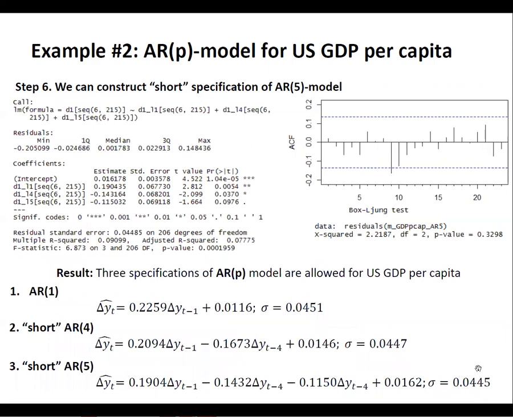By analogy, if we want to follow the theoretical purity of our model, we must ensure that the p-value of the autocorrelation of the residuals still increases, so we can add another lag to our model. Let's construct a short specification of the AR5 model.